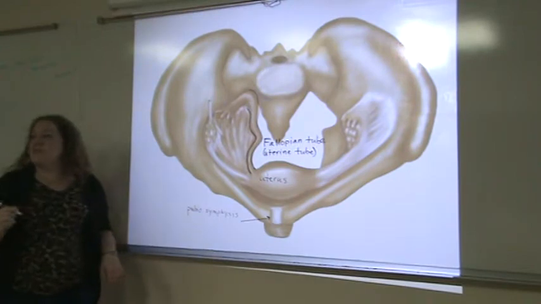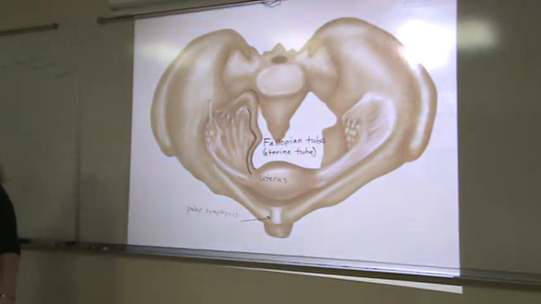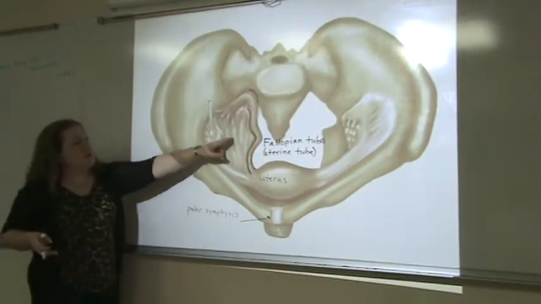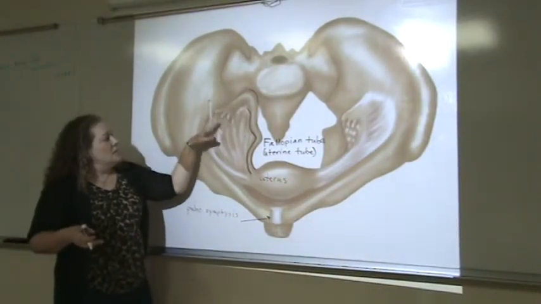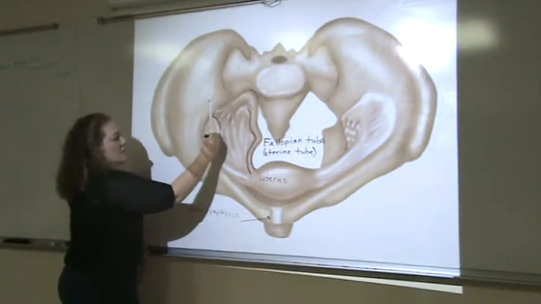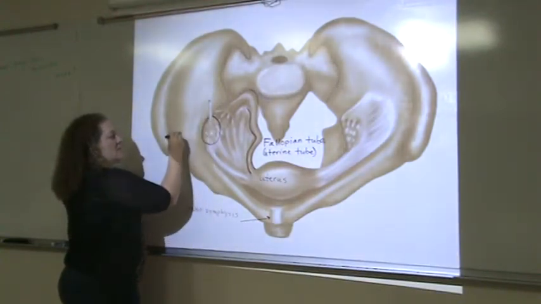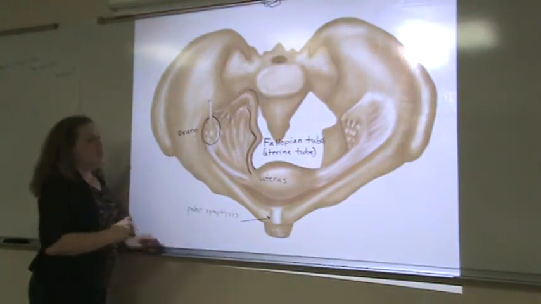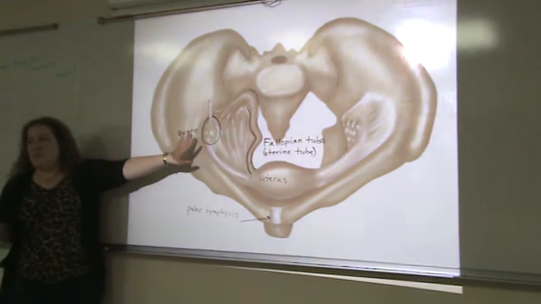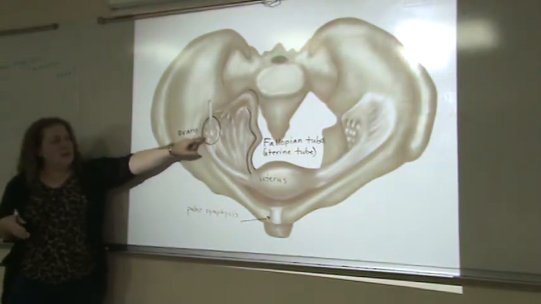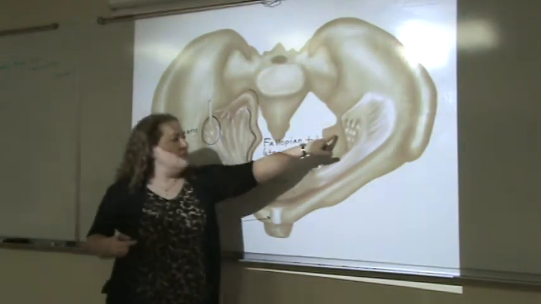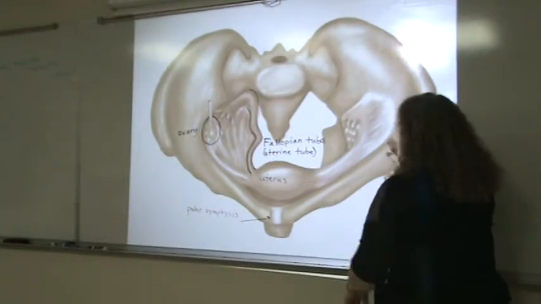I would like you to know both names because different people would use either name. That's connecting the uterus up toward the ovary. This is the ovary. Most women have 2 ovaries, 2 fallopian tubes.